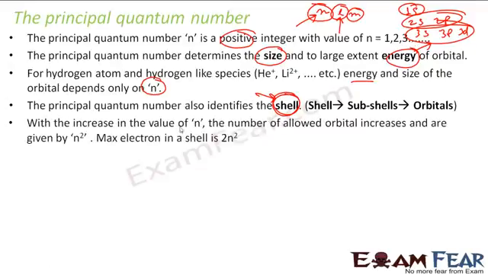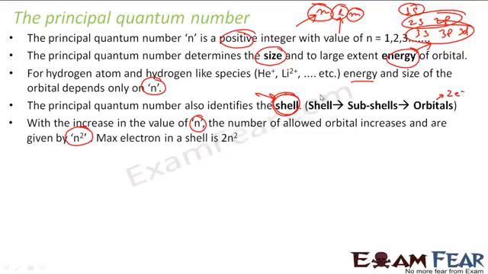With the increase of the value of n, the number of allowed orbitals increases, and is given by n square. Please note, for a given principal quantum number n, the number of orbitals will be n square, and the maximum number of electrons in that shell will be 2n square, because one orbital will have 2 electrons.